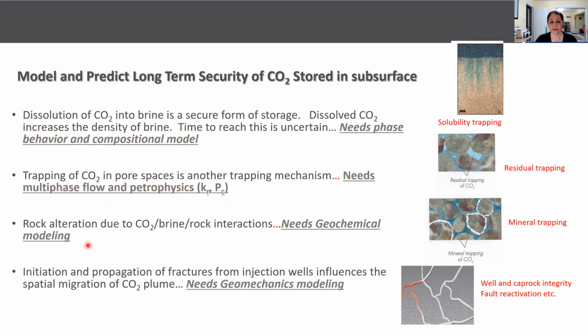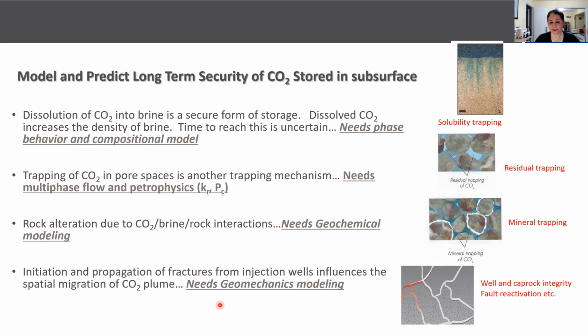Geochemical and mineralization is also very critical, especially for long term, and that requires modeling of reactions and geochemical reactions. And there are groups now that are trying to expedite the mineralization of CO2 by adding some chemicals or maybe changing the composition of the brine to, again, expedite the mineralization.